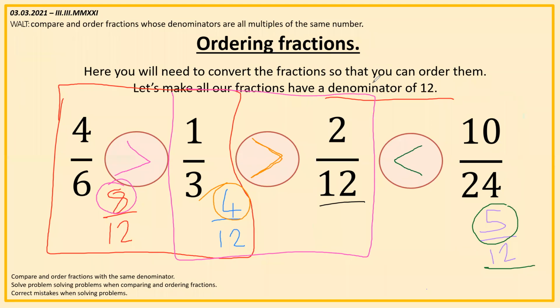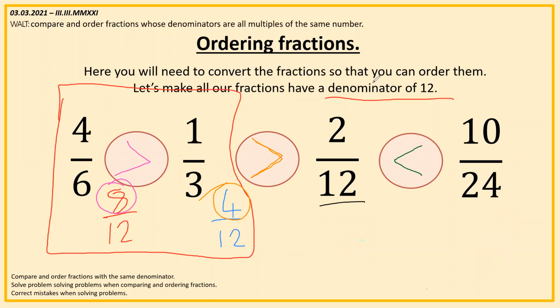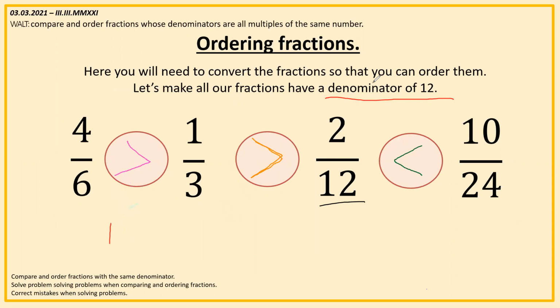If I then rub out all of my boxes and my conversions, I've now got the number sentence: 4/6 is greater than 1/3, which is greater than 2/12, which is less than 10/24. So even though we've got different denominators and different numerators, we have still been able to order them and compare them.